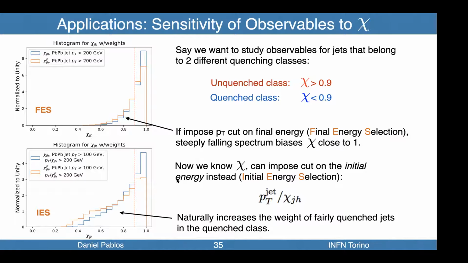If you instead make the selection in terms of the initial energy, estimated through the final energy divided by the energy loss ratio, you recover more like the true actual energy loss distribution of all jets, more akin to having a photon jet sample. However, this is done on inclusive jets, and this method does not select jets based on whether they lost little or more energy.